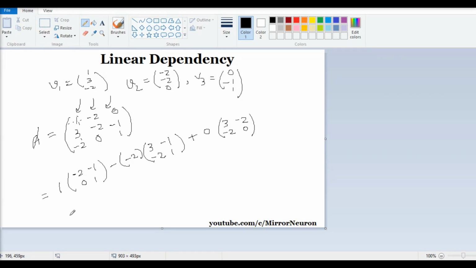Okay, so that takes me to calculating the determinant, and we know that the determinant of a 2 by 2 matrix is the multiplication of these two elements, and then minus the multiplication of these two elements. But in this case this is 0, so I can only keep minus 2 times 1, which is minus 2.